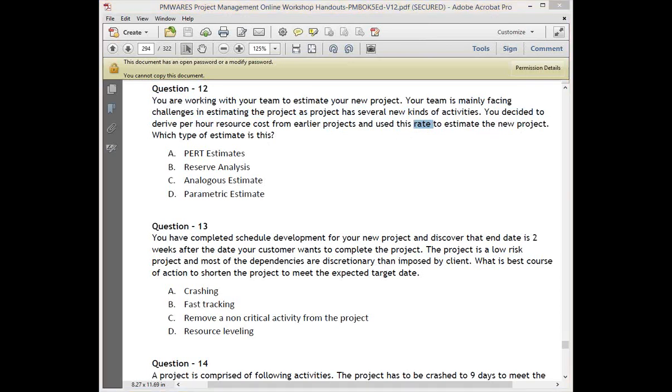Parametric, yes. What about 13? B. Okay. What about 14?